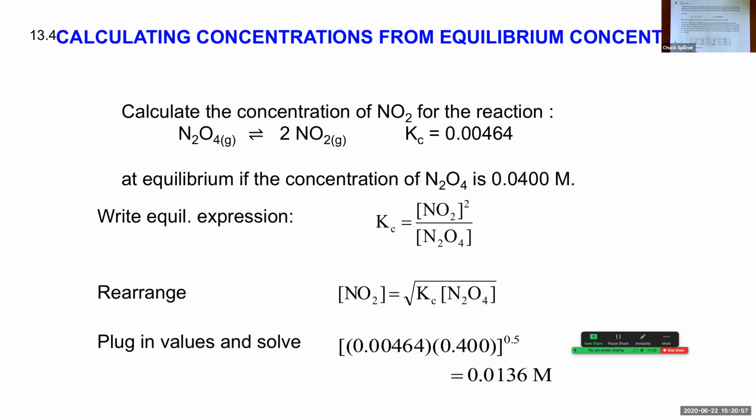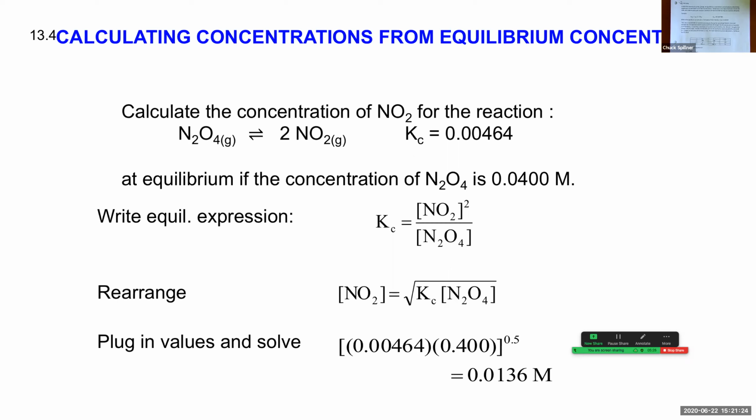When you take the square root, you get two answers, right? You get a plus and a minus. So actually the answer for this problem is plus or minus 0.0136. What you have to choose is which of those answers is correct. Negative 0.0136 is not possible, and that doesn't make any sense because the concentration can't be negative.